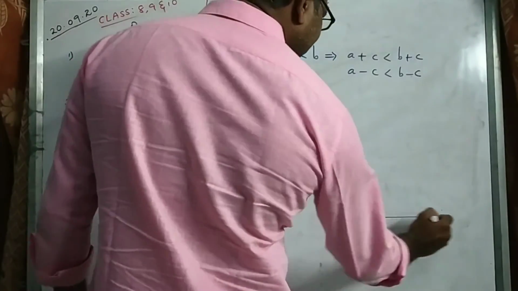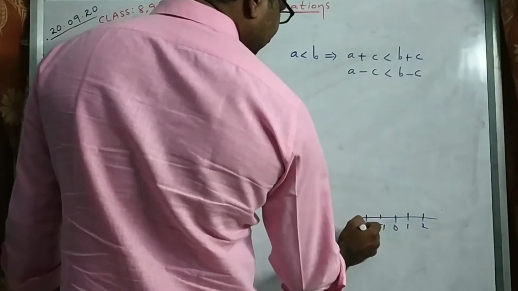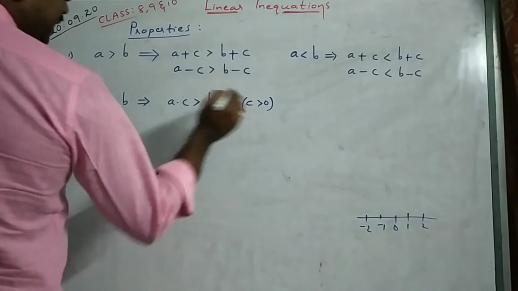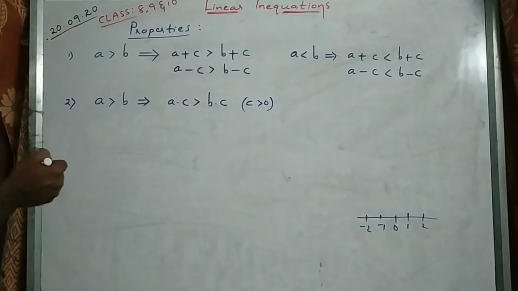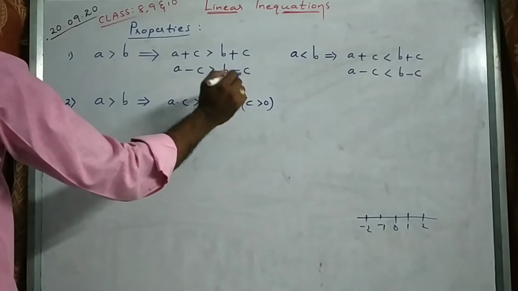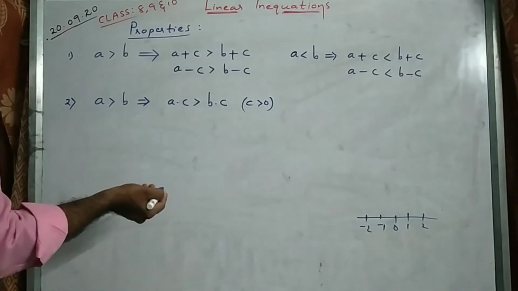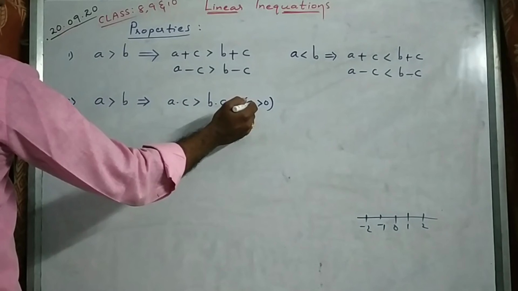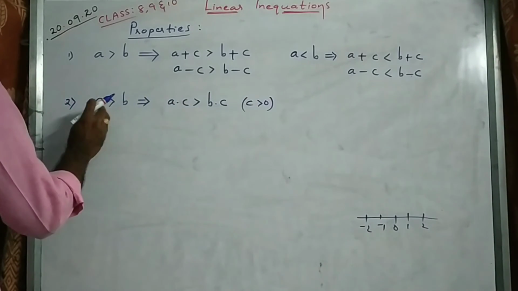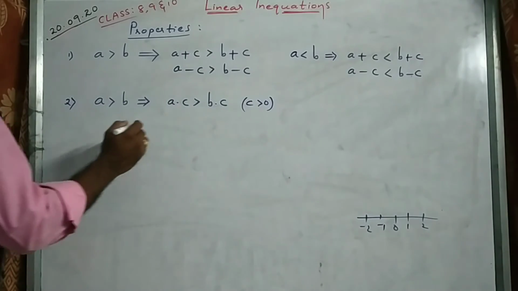In the number line 0, 1, 2, and this side -1, -2. Above 0 all are positive. X greater than 0 means it is positive, X less than 0 means negative. So here I am taking C as a positive number. If you multiply both sides with a positive number, there is no change in the inequality symbol.